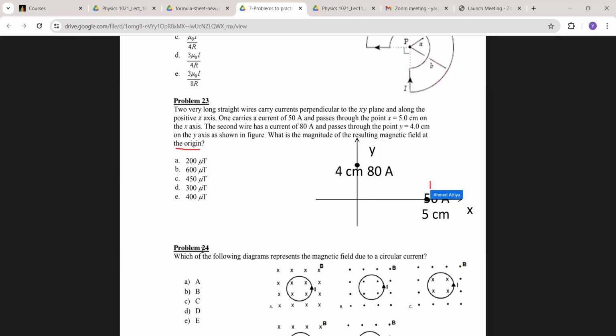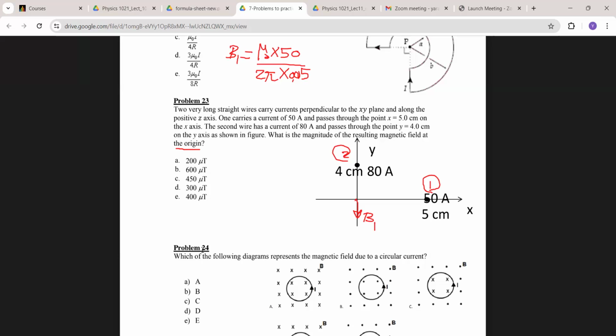So here, this is wire one. I have a magnetic field from it, following the right hand rule. This is B1. B1 equals mu naught times 50 over 2 pi times the value of R, which is 0.25, and this would be downward.